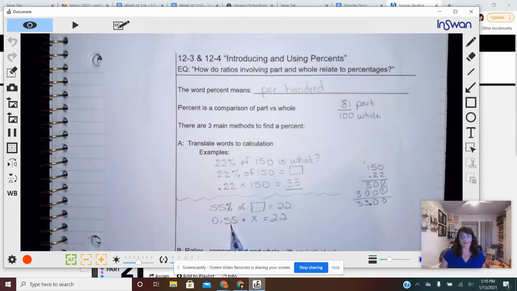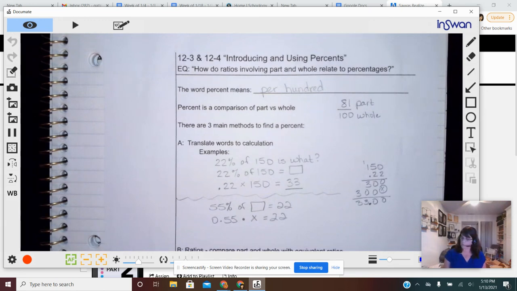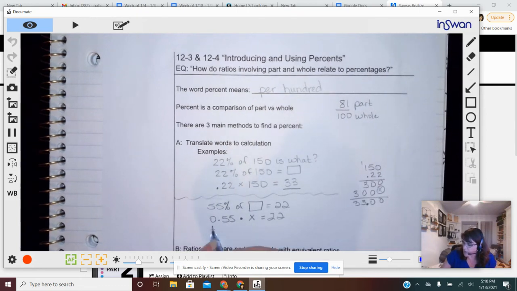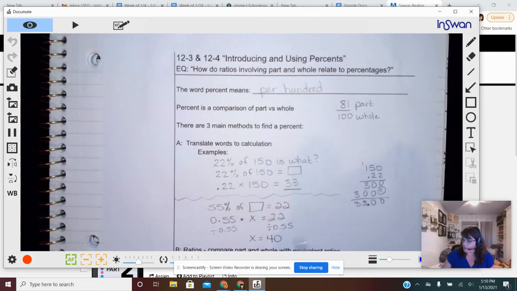So we're going to divide by 0.55. I'm going to divide this by 0.55, and this is solving it algebraically. X, the amount I didn't know, is equal to 40.